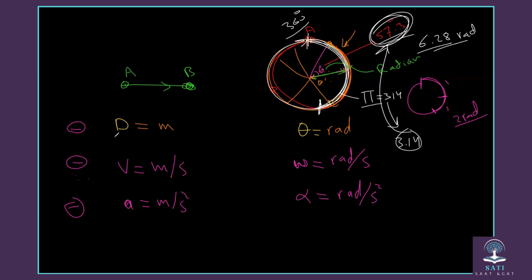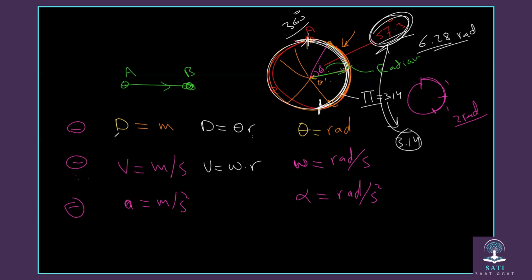How do we convert? If you want to find the distance in meters, you multiply the angular displacement times the radius of the circle. For the tires of the car, we multiply theta, the radians, times the radius of the tire. If we want to get the linear velocity, we multiply the angular velocity also times the radius.